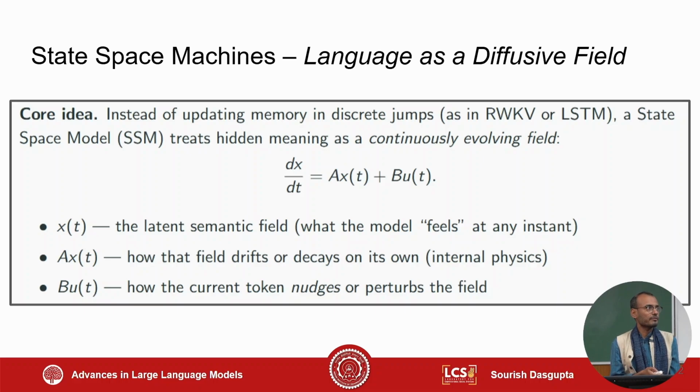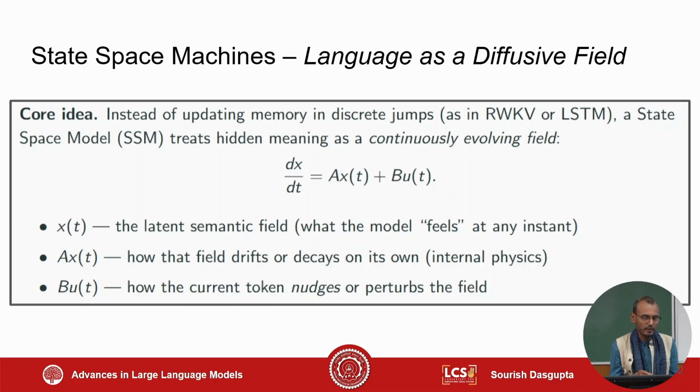So instead of looking at it in a sequential model, like RNN style models, with the information update that happens at every time step when a new word comes in, which is discrete, we look at it more like a continuous evolving flow of the different aspects of semantics as a new word comes in.